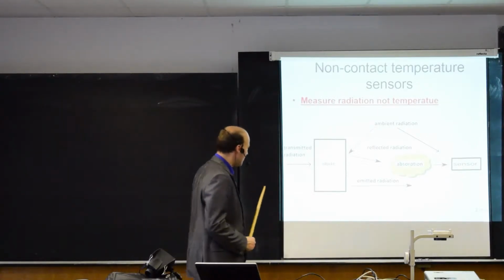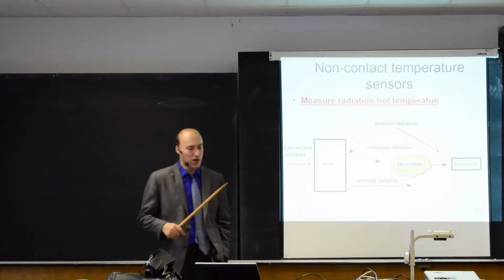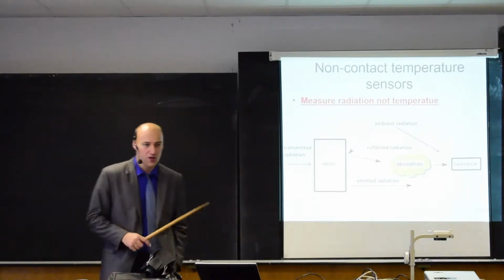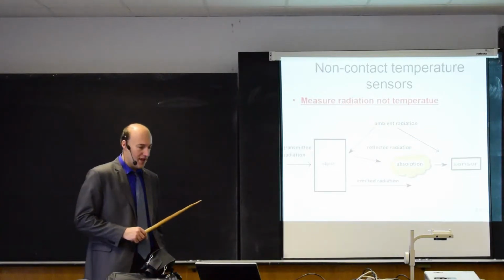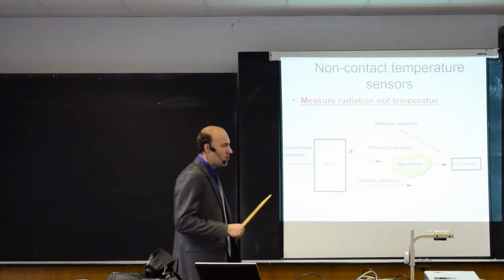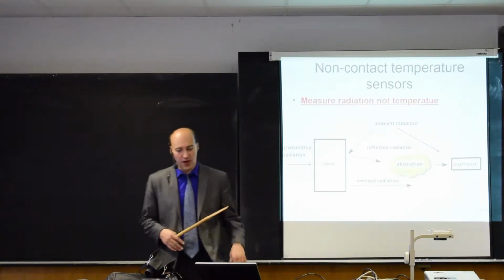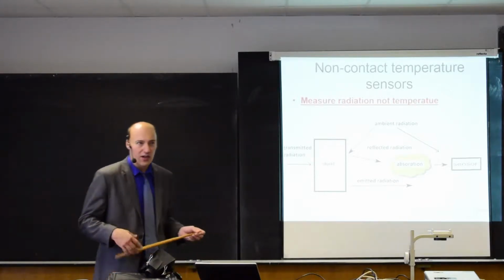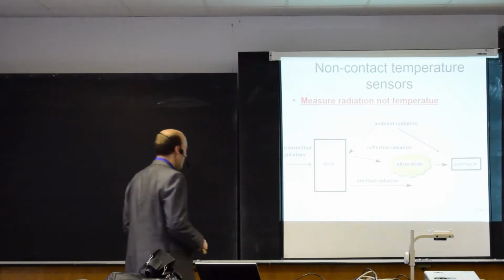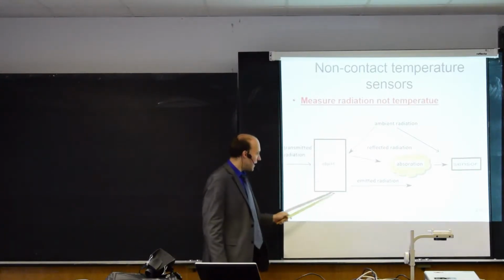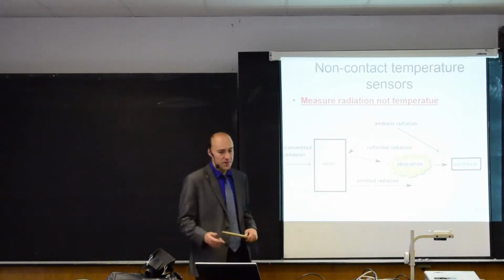The most important thing is that when you are using non-contact temperature sensors, you are not measuring the temperature directly, but you measure radiation. And from the radiation, you will get an estimate of the temperature. So imagine we have an object and we would like to measure its temperature.